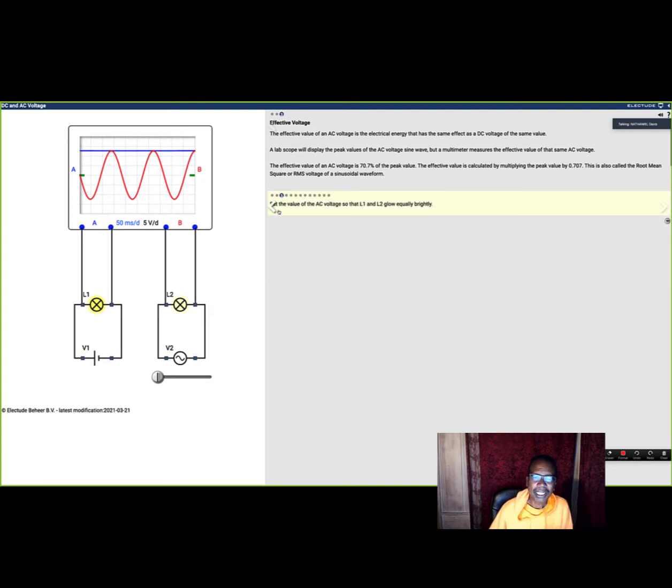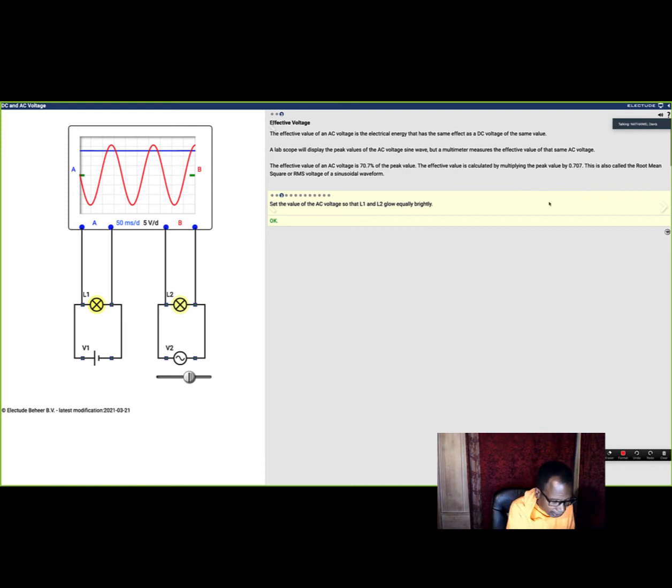Now, number 3 says, set the value of the AC voltage so L1 and L2 glow equally. So I have to move the slider. Now watch this picture up here. See how it got bigger? I bet if I actually had the number and multiplied by 0.7, let me see, where's my calculator?